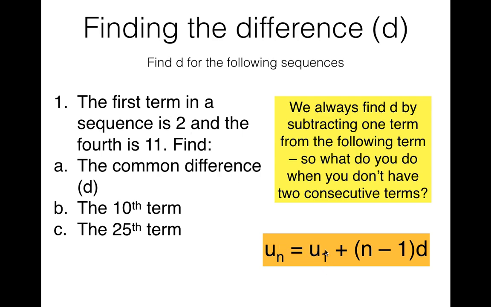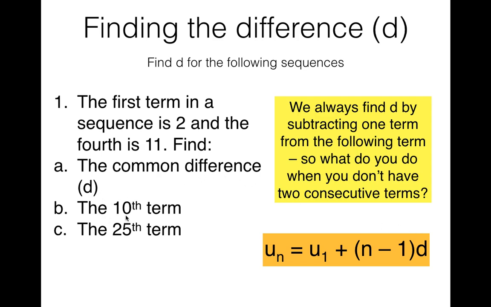So in this case, we're told the first term in a sequence is 2, so you know U1. And the fourth is 11. Find the common difference, the 10th term and the 25th term. So in the first one, you're trying to find the common difference, which is D here. And you should be able to do that by substituting in the values that you have.